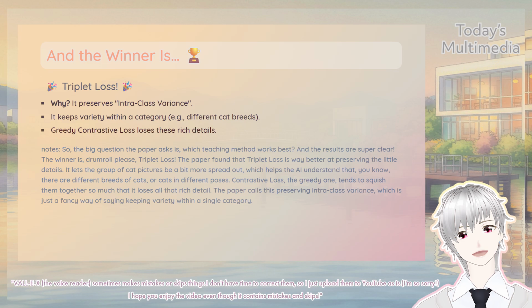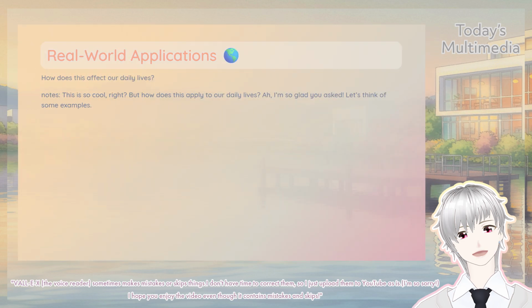Contrastive Loss, the greedy one, tends to squish them together so much that it loses all that rich detail. The paper calls this preserving intra-class variance, which is just a fancy way of saying keeping variety within a single category.